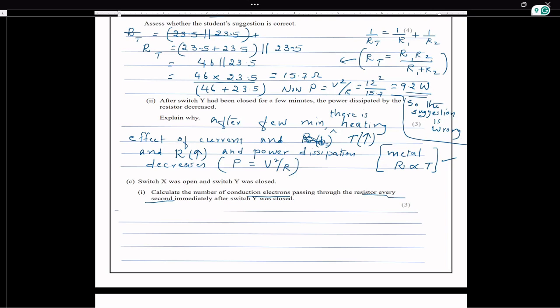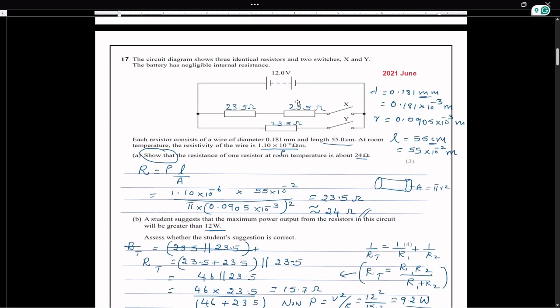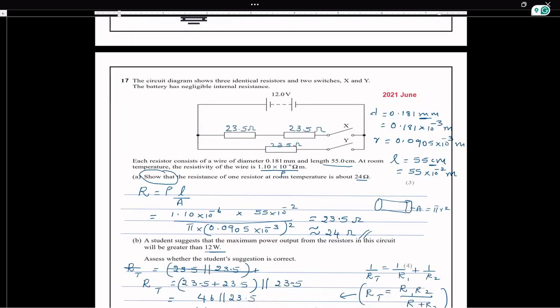So now X is open, which means the first branch is not existing. We have only the second branch, with only one resistor, 23.5.